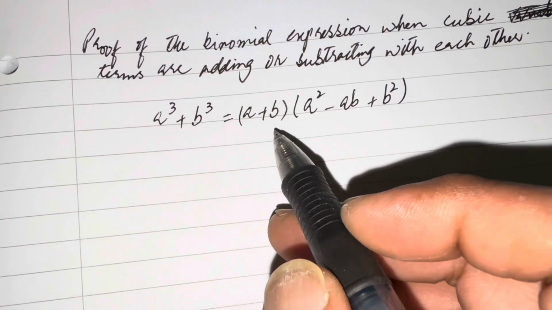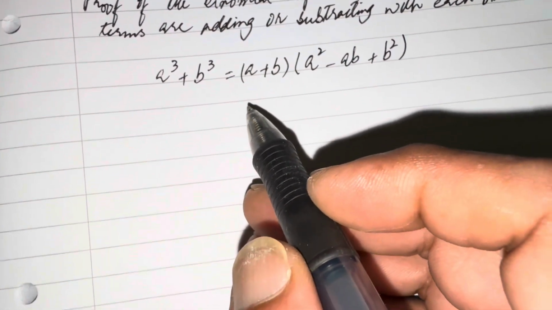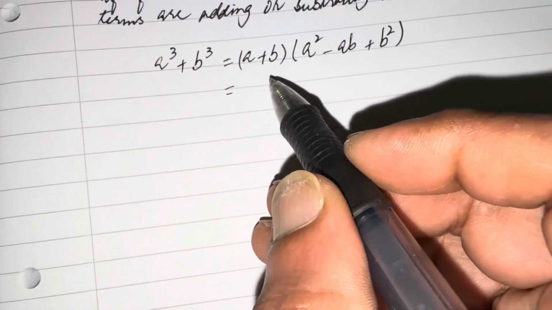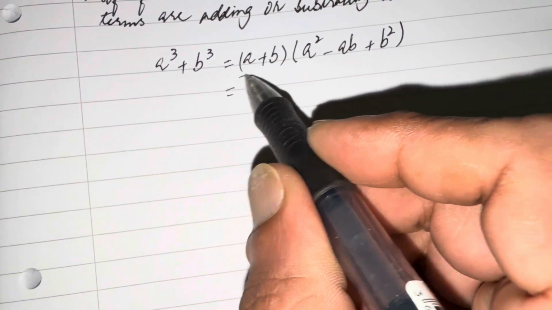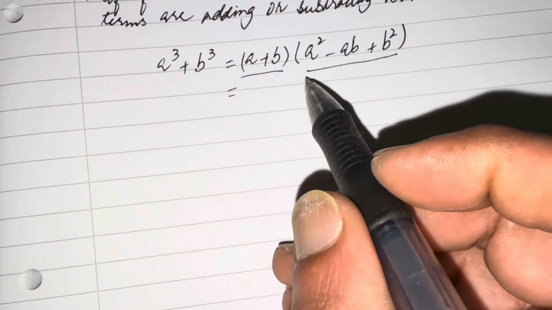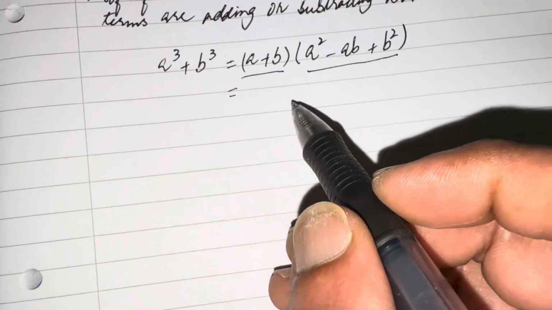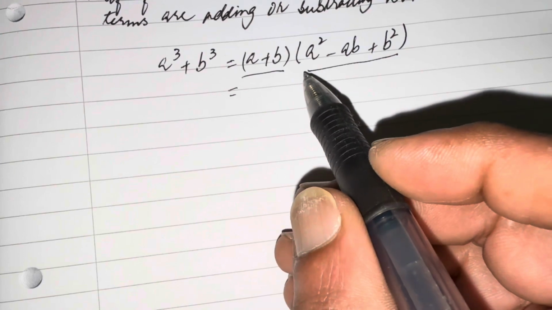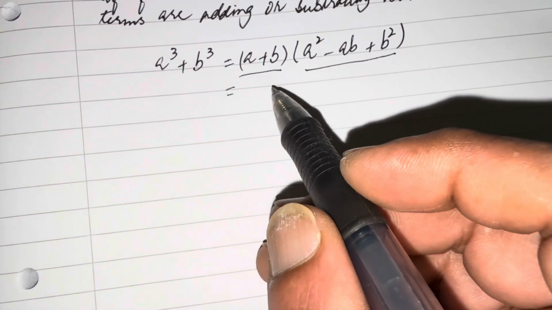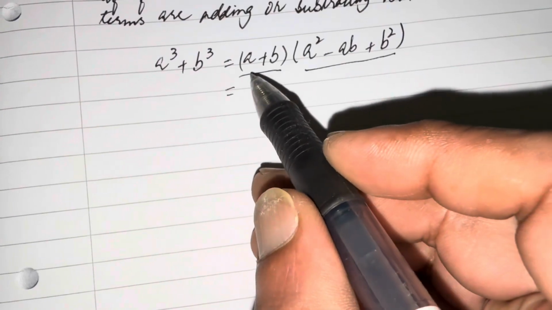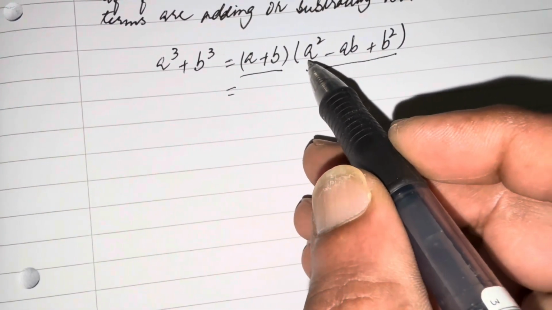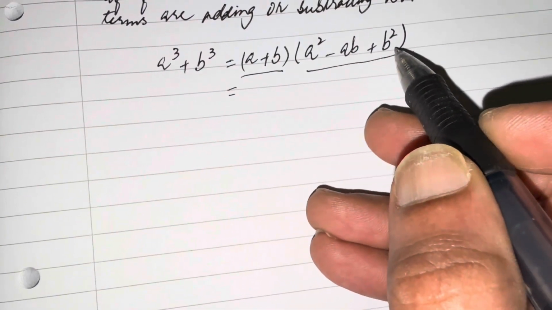So how can we prove this thing? We are going to multiply them two, and then at the end we will see what the answer becomes by solving these expressions. So a plus b is multiplying with a square minus ab plus b square.